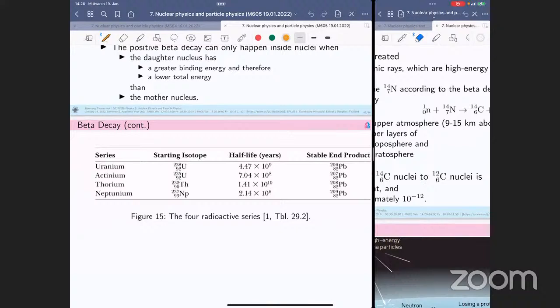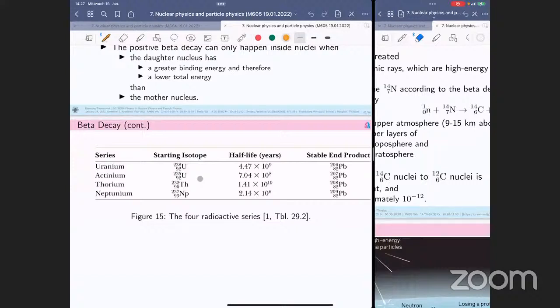Okay, the 4 series are the following. Uranium-238 has the number of protons, or the Z number, of 92, and another series of uranium is called actinium. Okay, it's also uranium, but it's another isotope for uranium.